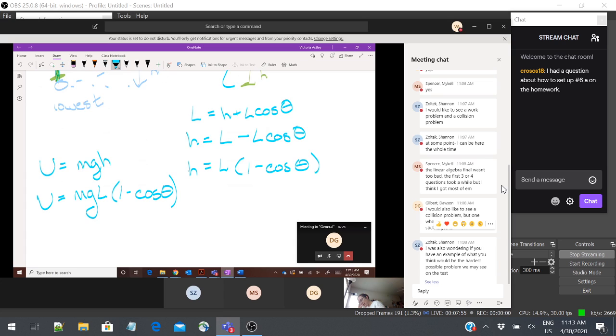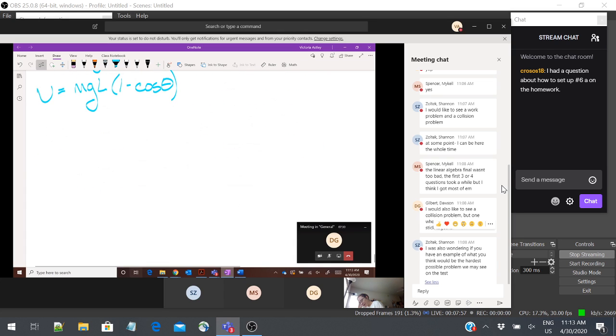And then the question is how do you use it? At some angle theta, U is mgL(1 minus cosine theta), and our kinetic energy is 0. At the bottom, our potential energy is 0.